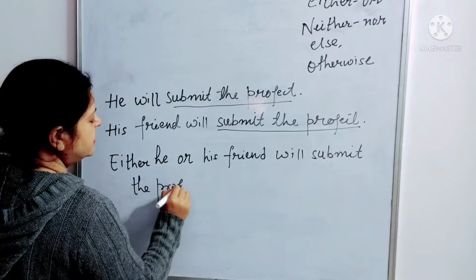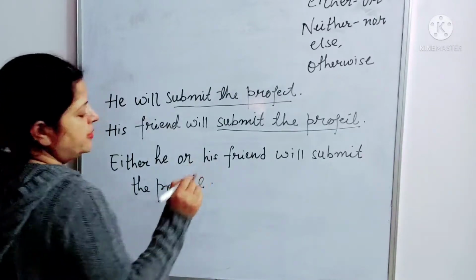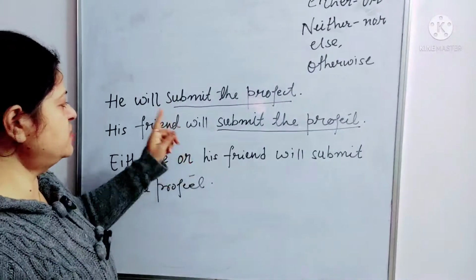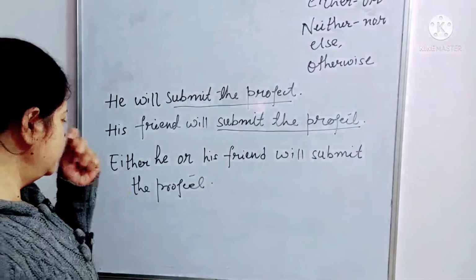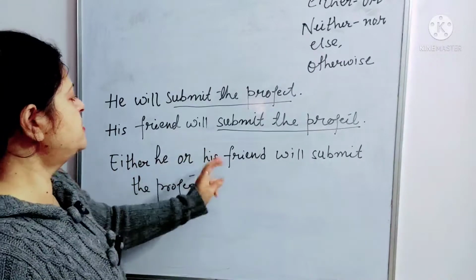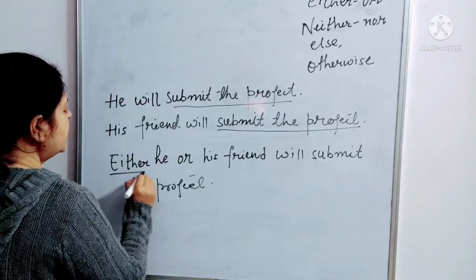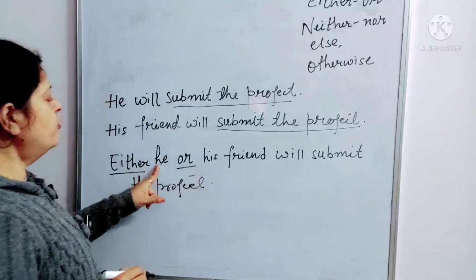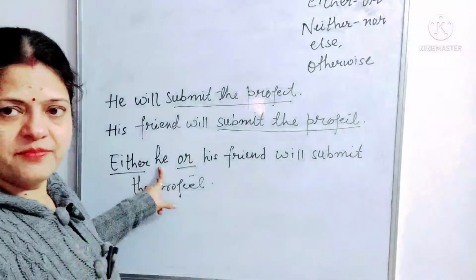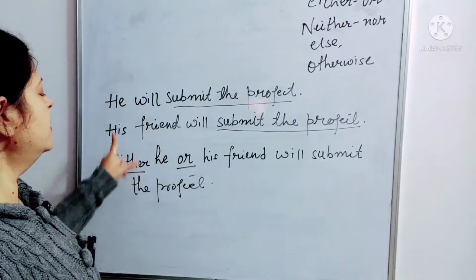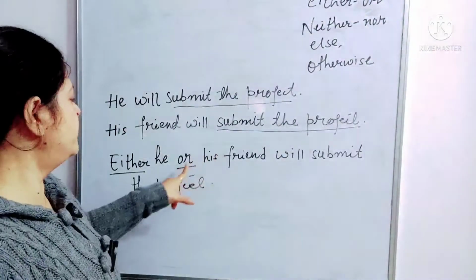So now this sentence has become a compound sentence. We have added these 2 sentences to make one compound sentence. So either he or his friend will submit the project. So I have used this conjunction either or with the subjects which are different. So before the first subject I have written either, and before the second subject I have written or.